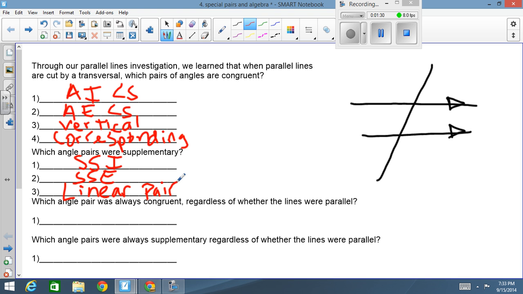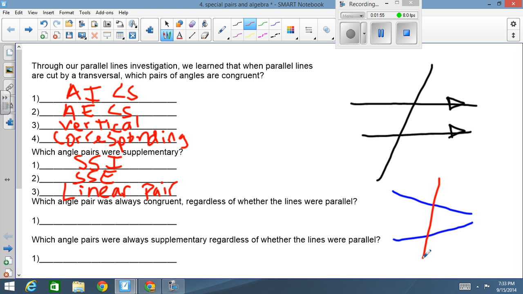Now, of those, which angle pair was always congruent? Regardless of whether or not we had a situation like the one I already drew, or even if we had a pair of lines that were like this, that were not parallel, but crossed by a transversal. Well, alternate interiors in that case are not congruent. Neither are alternate exteriors in that case.